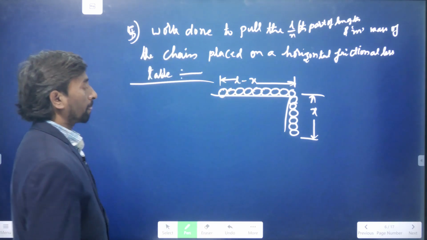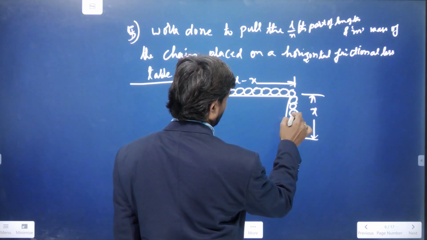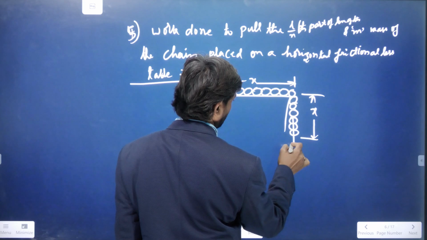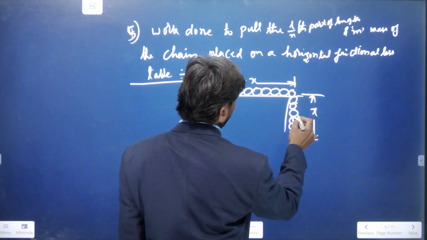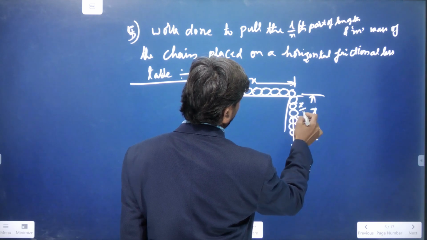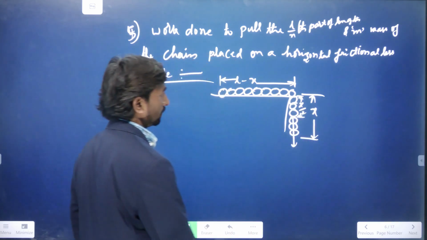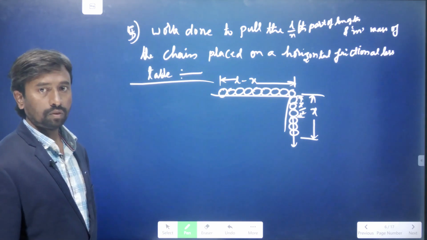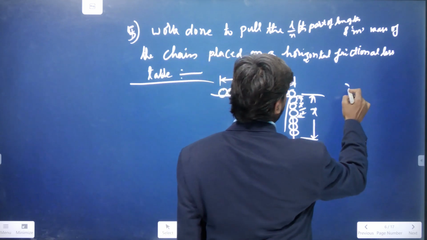So here weight of this part of the chain. So weight of the part of the chain will be how much there? At the center of mass, the length will become x by 2. Now the mass of this part, how can we write it?